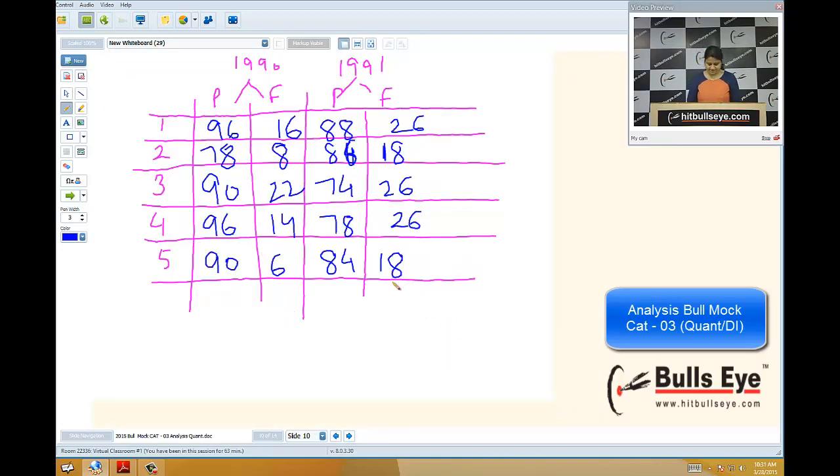Okay, 1991 and 1992. First of all, we are counting the new joinees for class 1 in 1991 and 1992. In 1990, I need this data actually for 1st class.